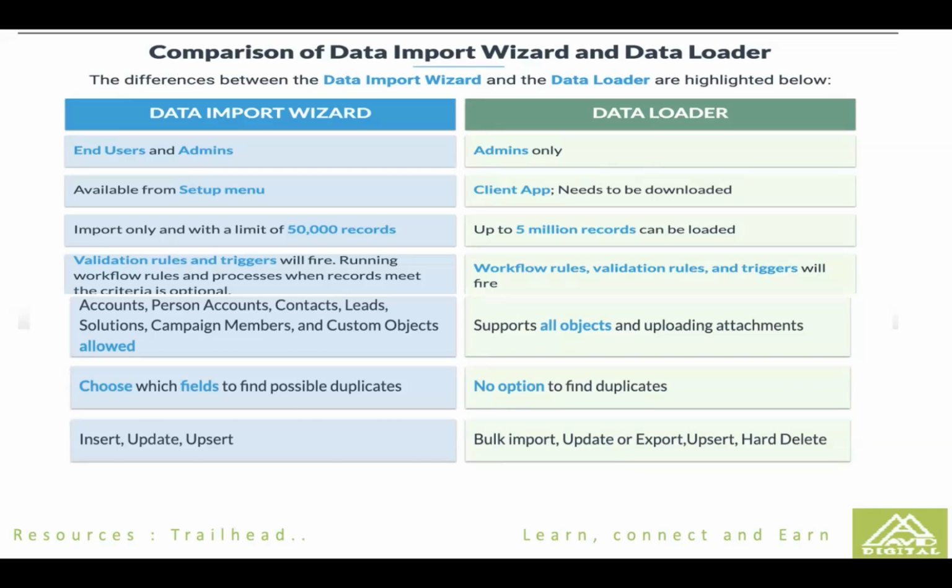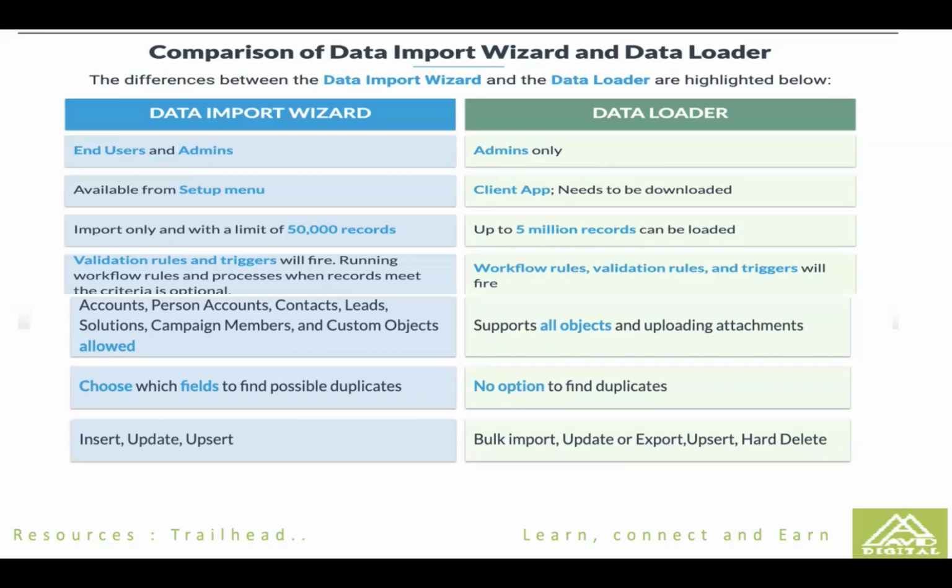What are the things it can do for you? Data import wizard can insert, update, and upsert. Insert a record means it can import a record into your platform. Data import wizard can as well update an existing record. Then at a time, it can do both. Upsert simply means it can update a record and at the same time insert a record.